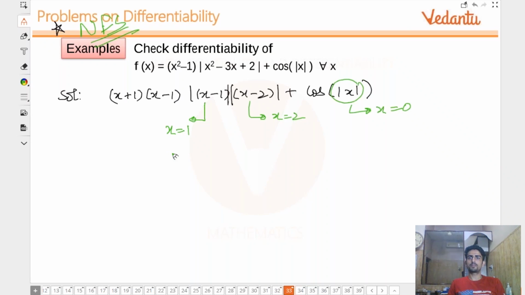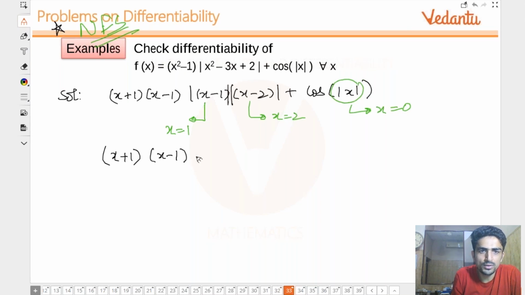Anybody having any doubt? So these 3 points are the points which I need to worry about. Now just try to see how I further reduce them. Guys, in the beginning only we today learned that x minus a mod of x minus a does not create problem.